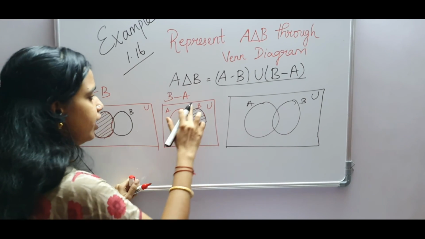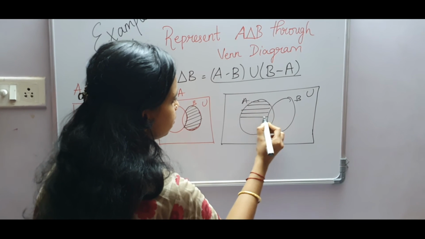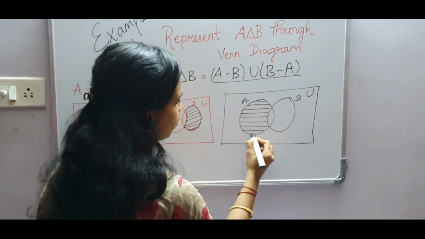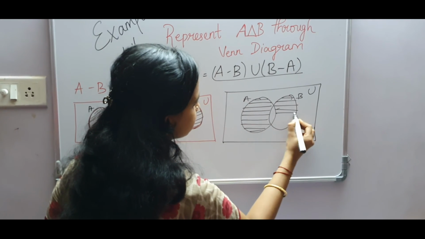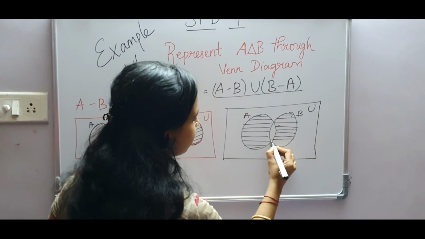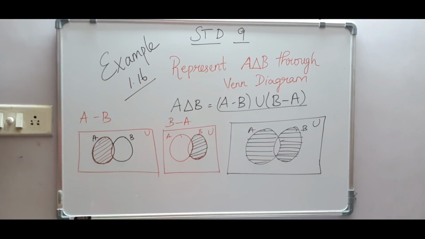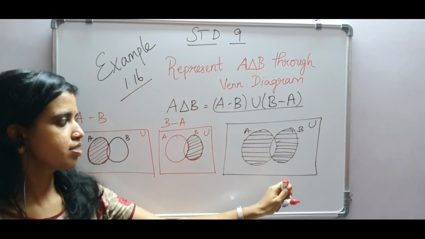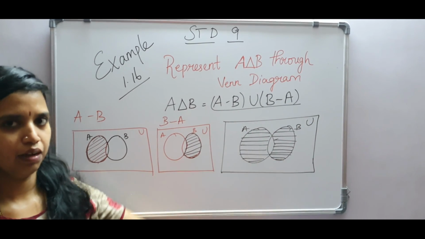So this part and this part, we are going to combine those two in a single set. So this will be your final answer. A difference B or A delta B, whichever you read, both are correct. So the final answer for A delta B is this, which is represented in diagrammatic form.